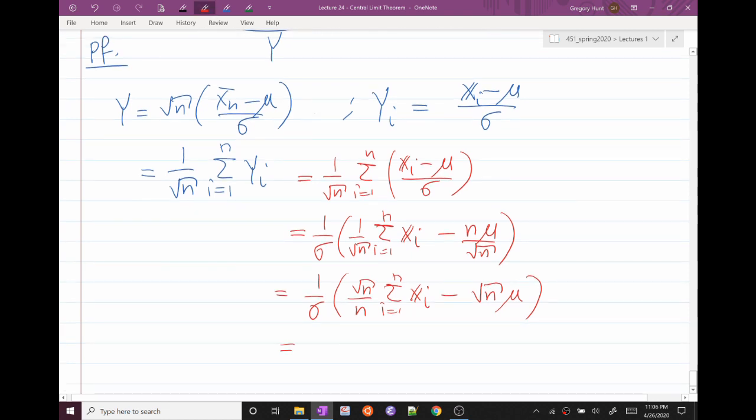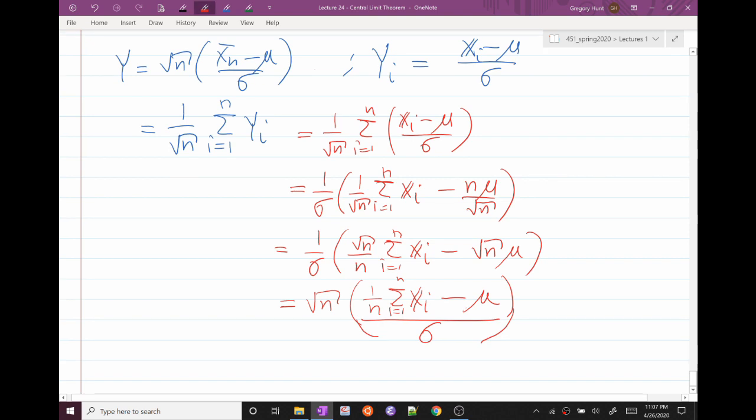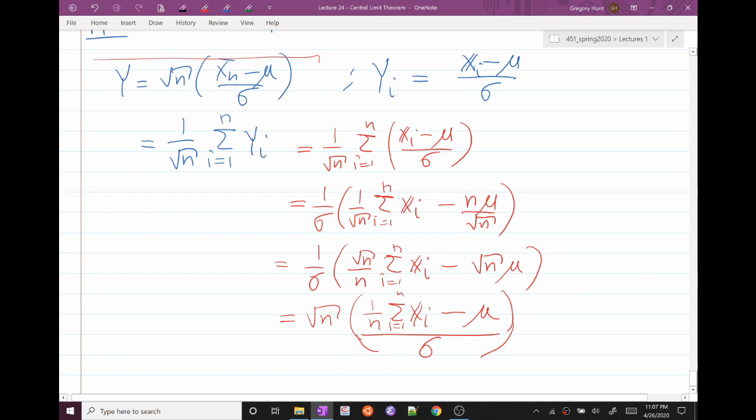And then I'm going to factor out that square root of n, and I'll be left with 1 over n times the sum of my x sub i's minus mu, and the whole thing, we can put my sigma back in there. And so that is, as claimed, y minus mu over sigma times root n. So this is my relation.